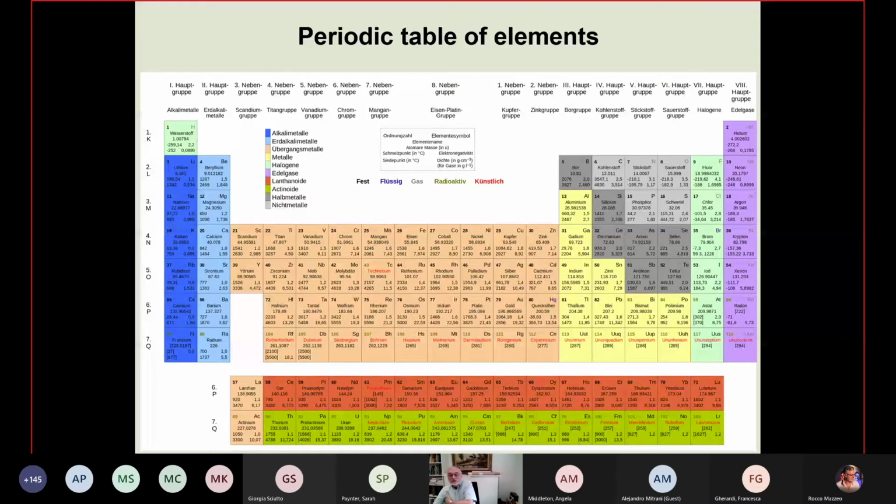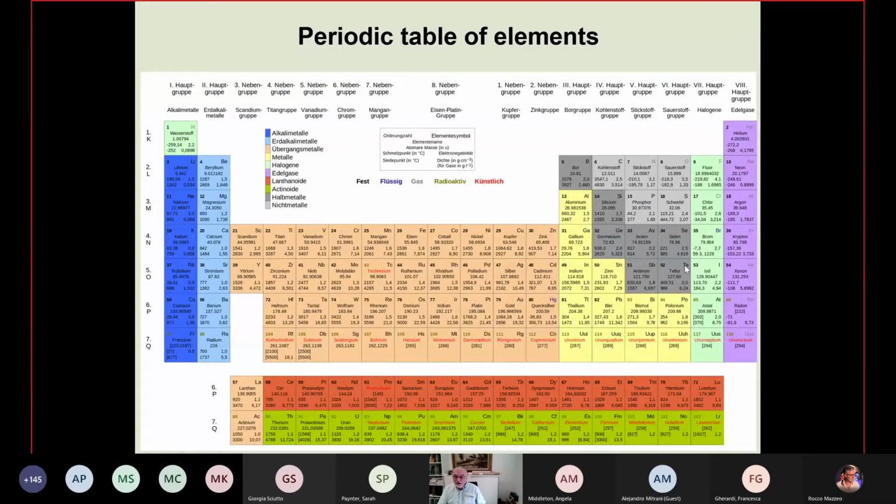And now let me, because I was told the audience will be very mixed, with some participants not familiar with the basics in the natural sciences, forgive me for 3 or 4 pictures on the basics. All of you are certainly familiar with the periodic table of the elements.